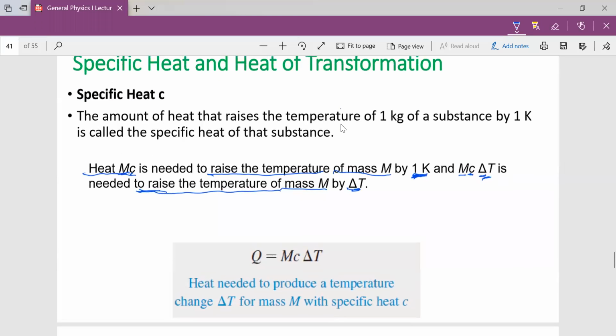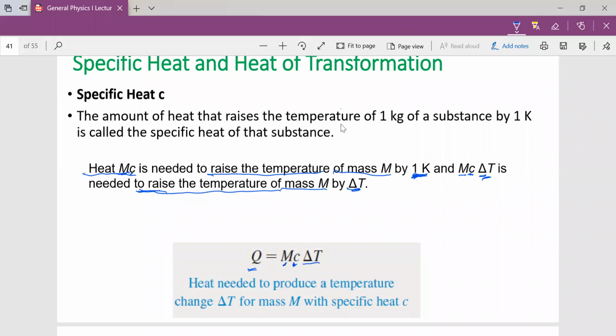So the equation to calculate the heat required for a mass M is that the heat is equal to the mass M multiplied by the specific heat multiplied by the temperature change.